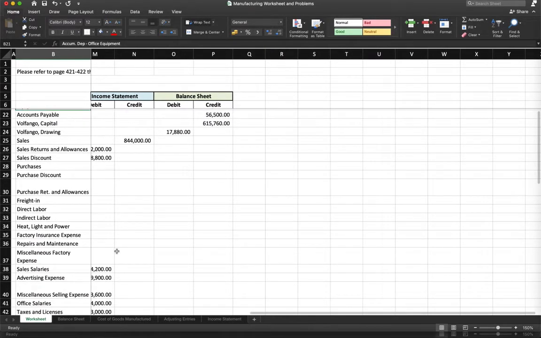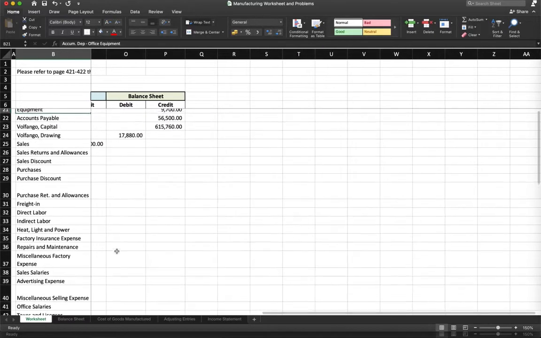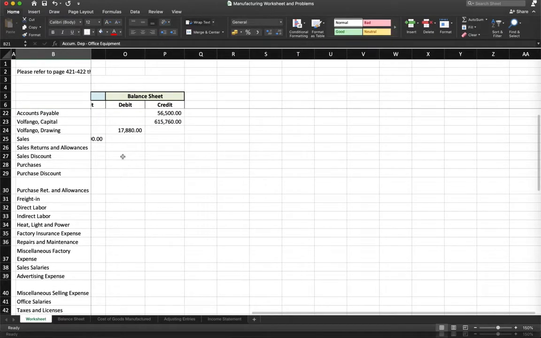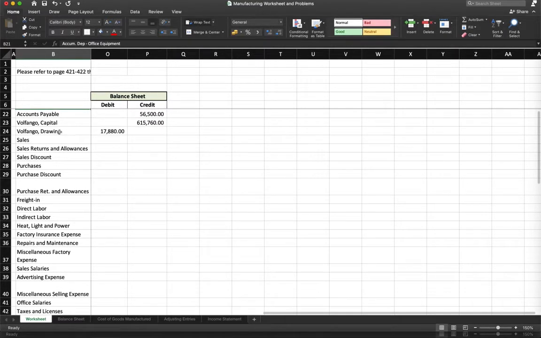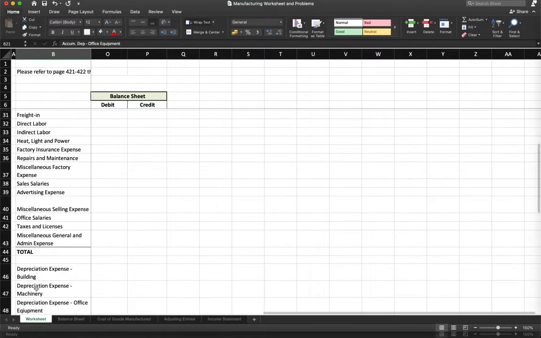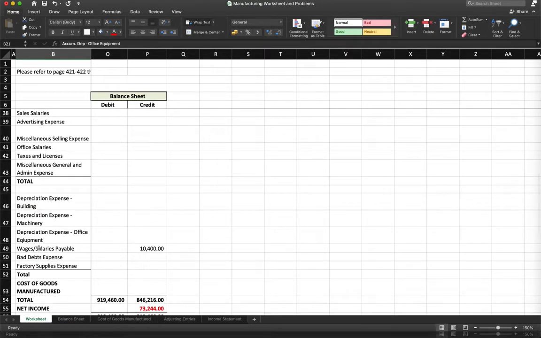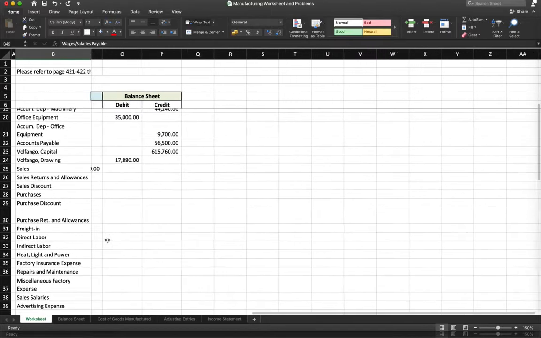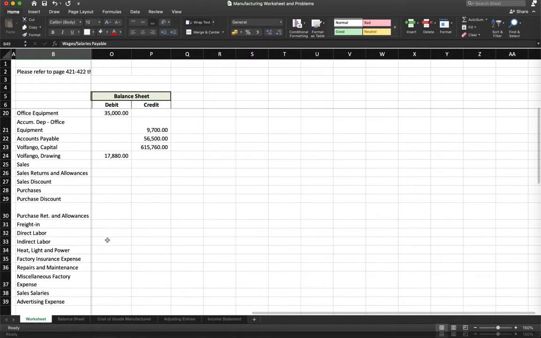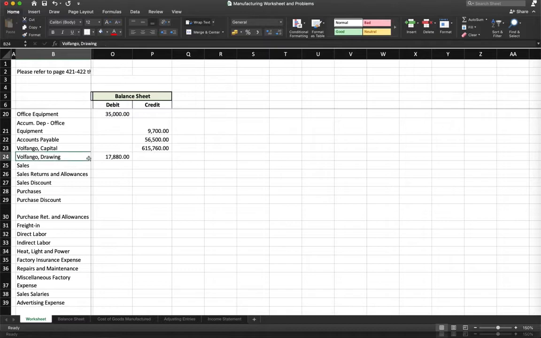Accounts payable. Accounts payable lang. At ano pa? Wages payable. Diba? Nasa baba. Wages or salaries payable and accounts payable. Kaya wala tayong non-current liabilities.